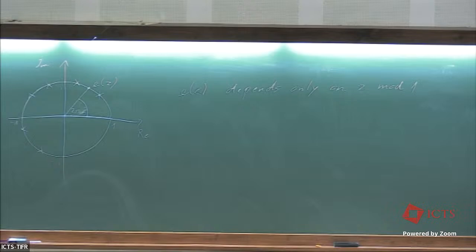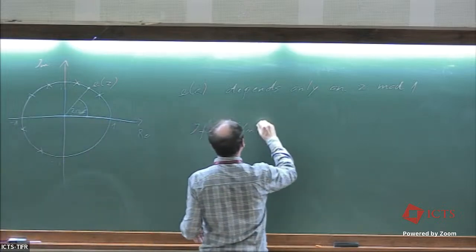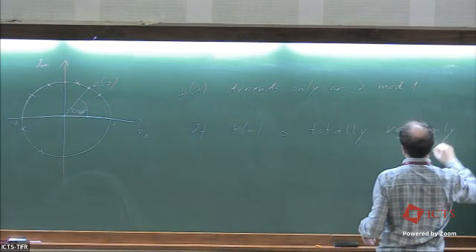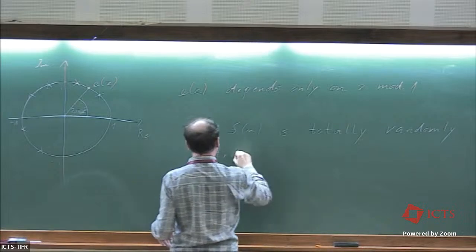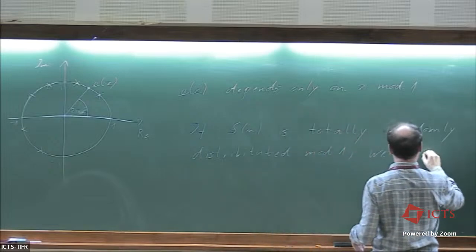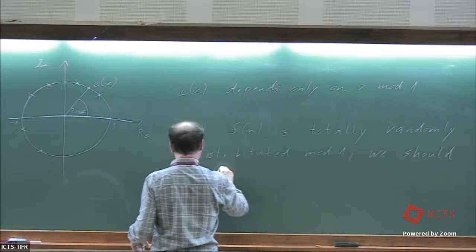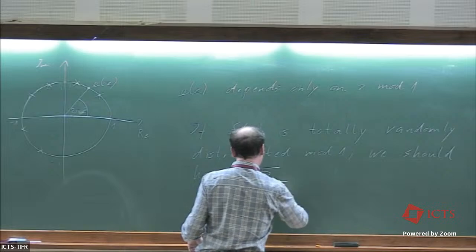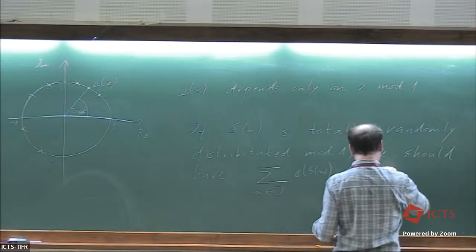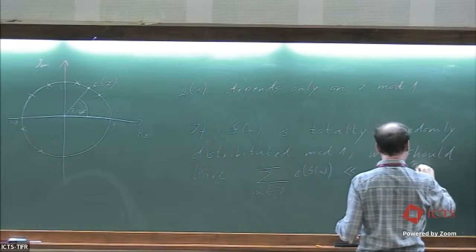If F of n is totally randomly distributed mod 1, we should have that the sum over n in I of E of F of n is bounded by the interval length, B minus A, to the 1/2 plus epsilon.